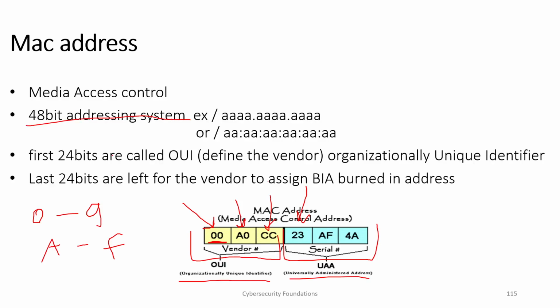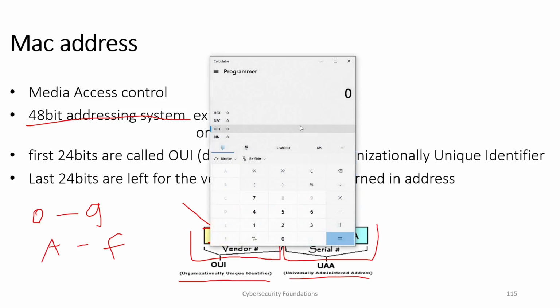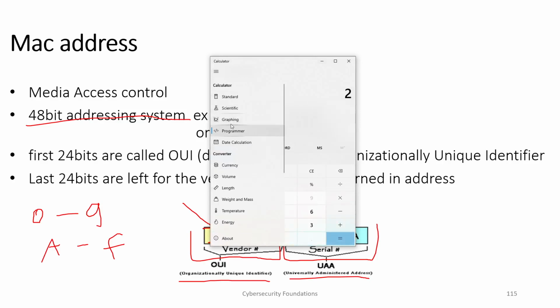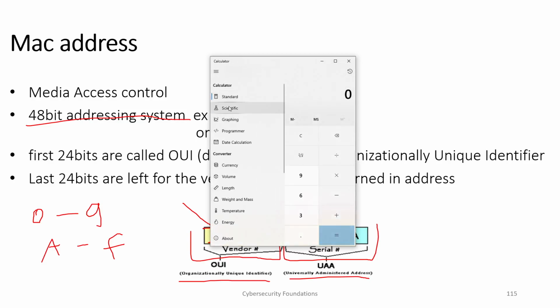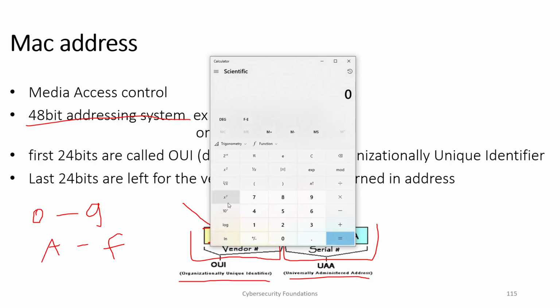What we mean here is the total possibilities of MAC addresses across the globe could be 2 power 48.